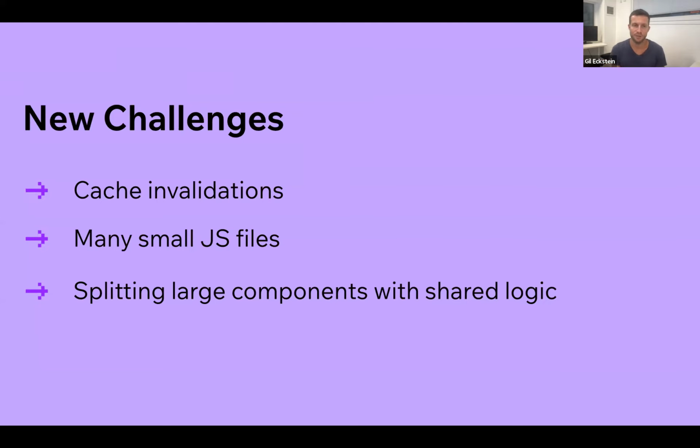And the first challenge is actually cache invalidation, because now when we are using caching, the data is cached, and when you use caching, in most cases, you're running into invalidation issues. It's the issue that the cache is invalid, but you don't know about it.